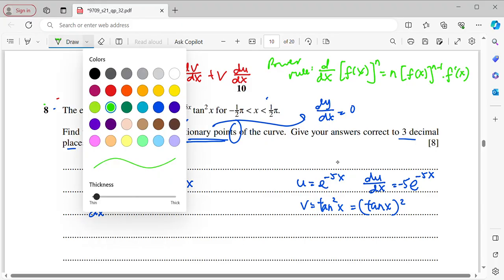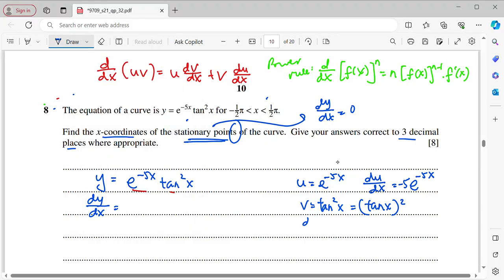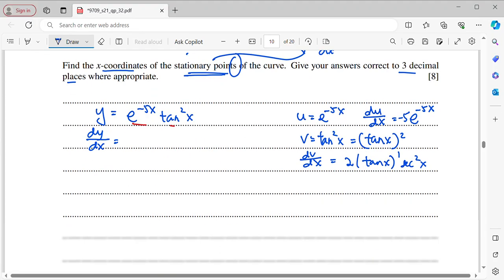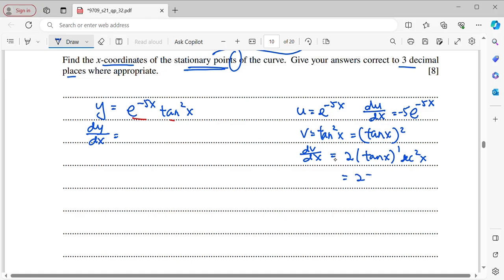Which means now your n is 2. So my dv dx is, bring down the 2, rewrite the tangent, degree minus 1, so it becomes 1, and now you differentiate tangent x. Differentiating tangent x gives secant square x. So my answer is going to be 2 tangent x secant square x. That is my dv dx.